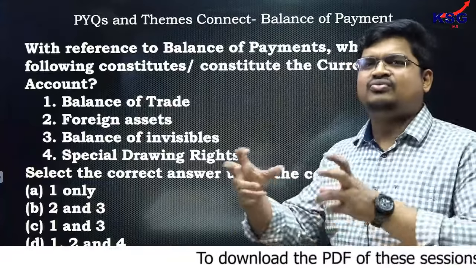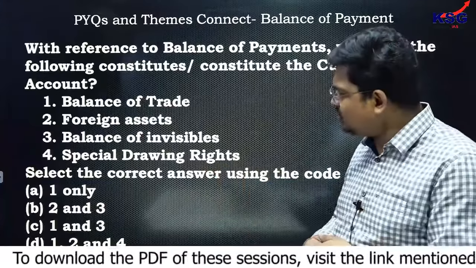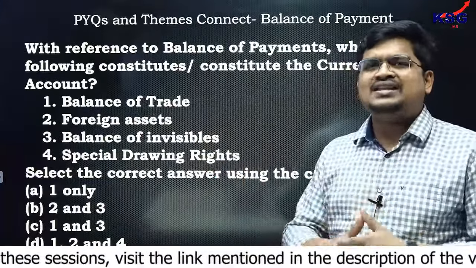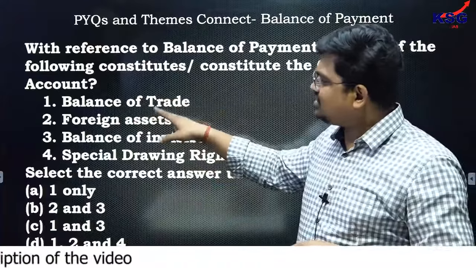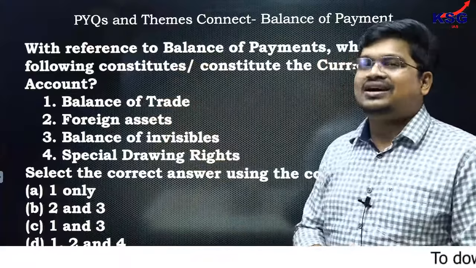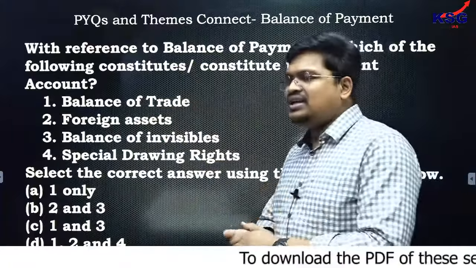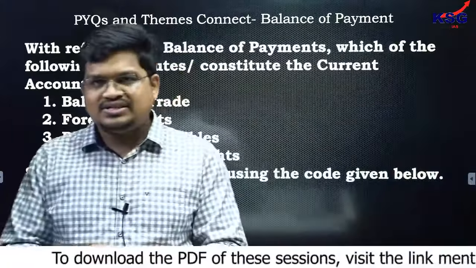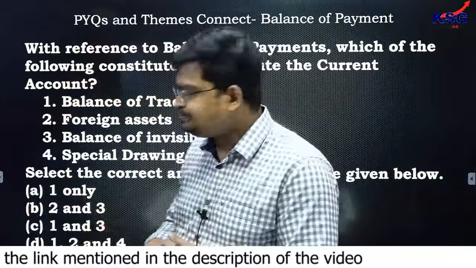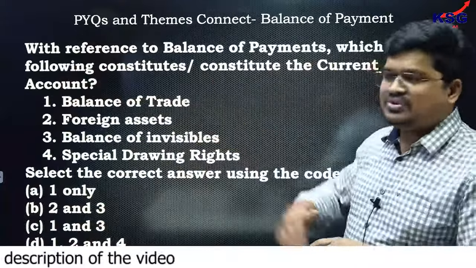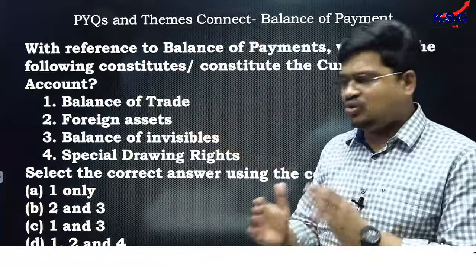These kinds of financial assets do not come under the current account. Current account consists of goods, services, and then what we call the transfer payment. So balance of trade means export and import of goods only.